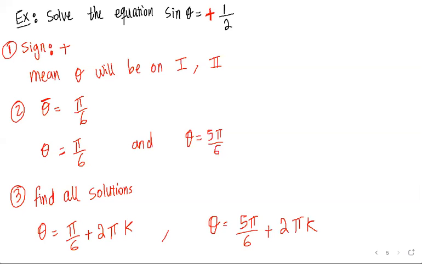Any question? So it's both. What does that mean? Yeah, both. Both are the solution. Theta equals pi over 6 plus 2 pi k, and theta equals 5 pi over 6 plus 2 pi k.